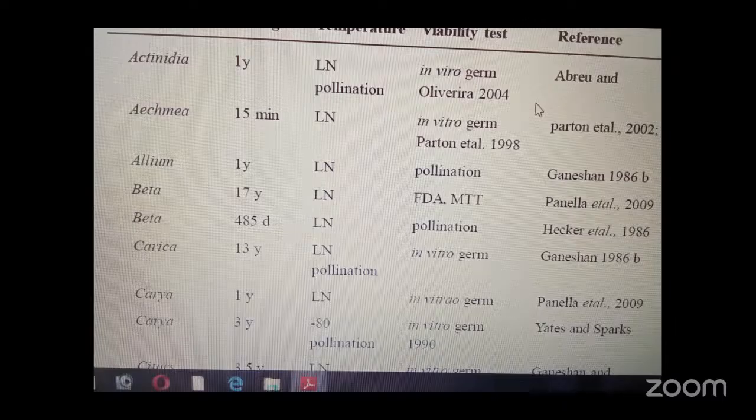And another one, pollen viability. See here, I have shown another chart. So see here, pollen viability test.